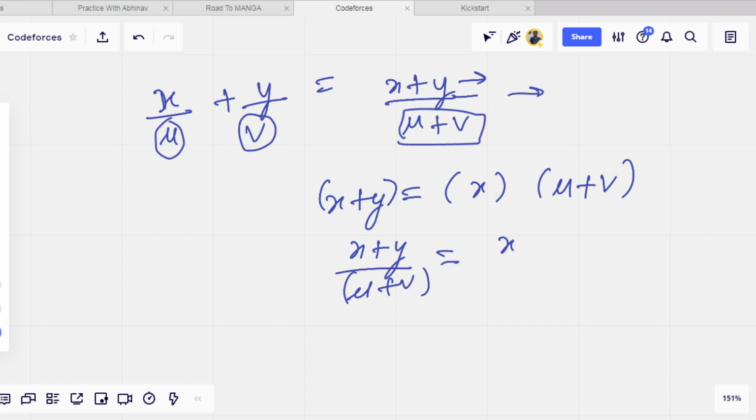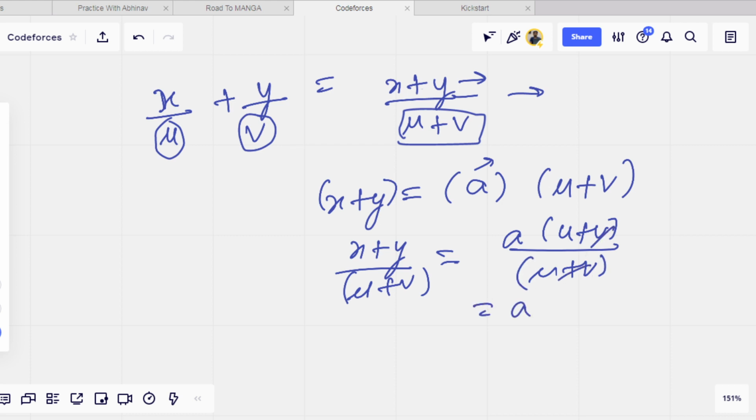Since x is already used, in place of x we will use a. So if x plus y is equal to a into u plus v, then x plus y upon u plus v will be a, because u plus v and u plus v will be cancelled.